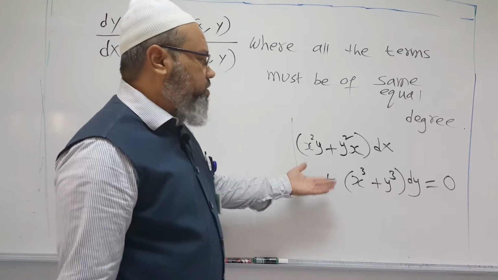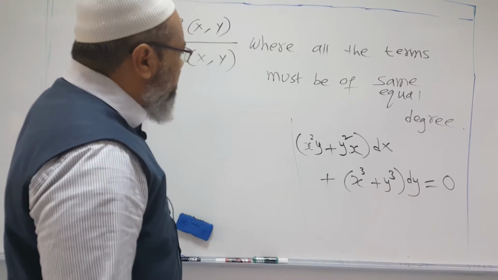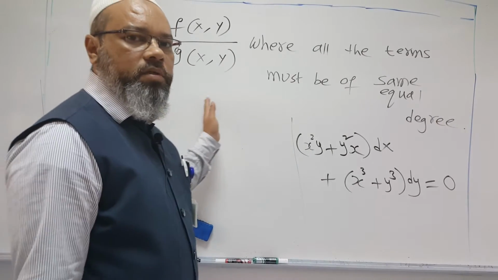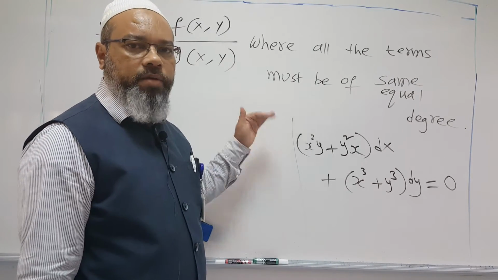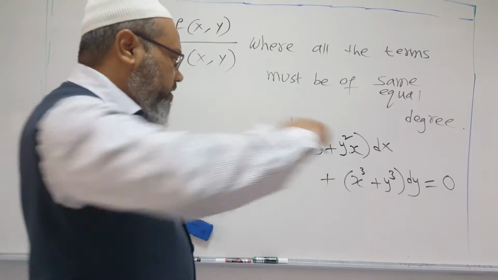To find its solution, we reduce this differential equation to this form. Later we apply the standard method. So, like this we need to check. Let us take another example.